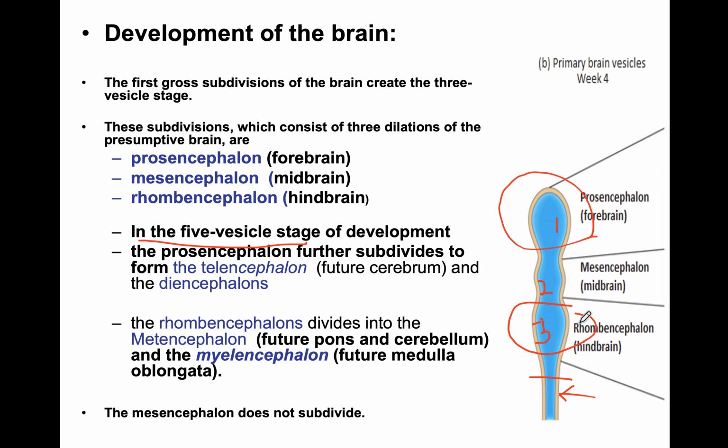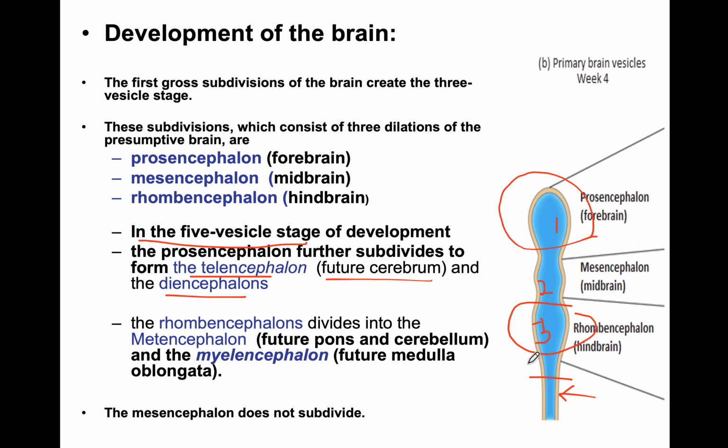The prosencephalon is divided into the telencephalon, which will be our future cerebrum, whereas the next portion from the prosencephalon will form the diencephalon, which is the area of the thalamus, epithalamus, and the hypothalamus.